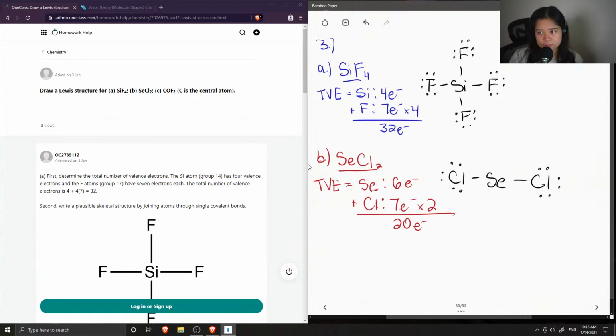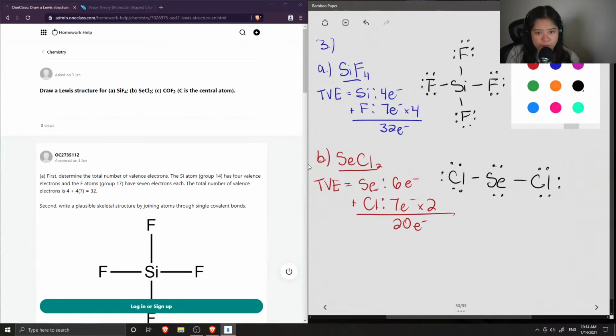lone pairs. So if we count out the electrons I have so far, we only have 16. So for the remaining 4, I'm just going to add them as lone pairs on the selenium. And now everything should have a full octet.